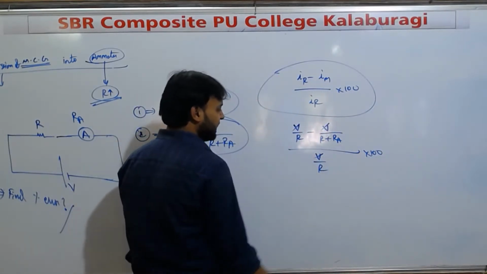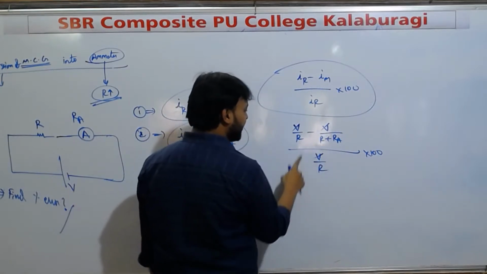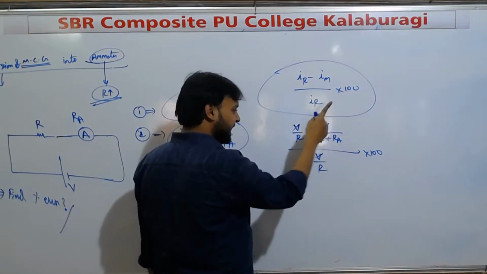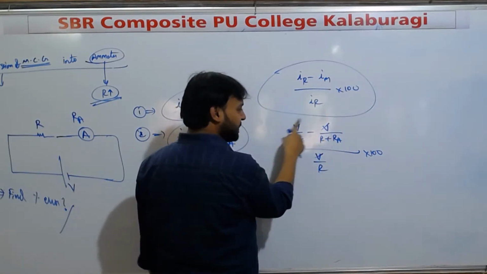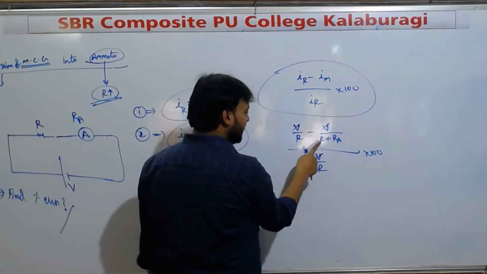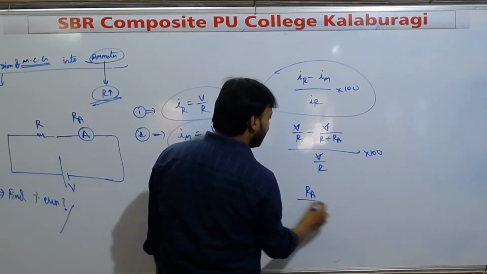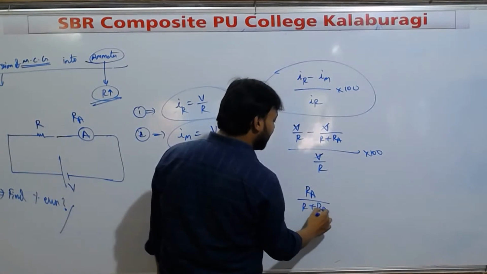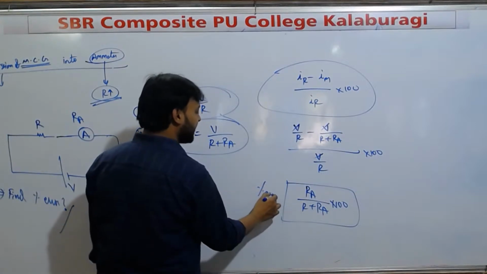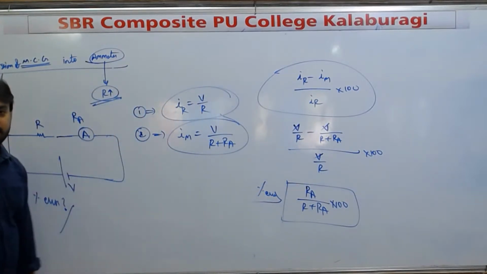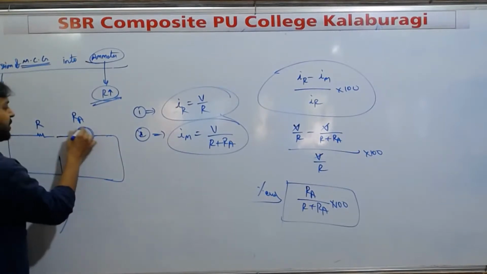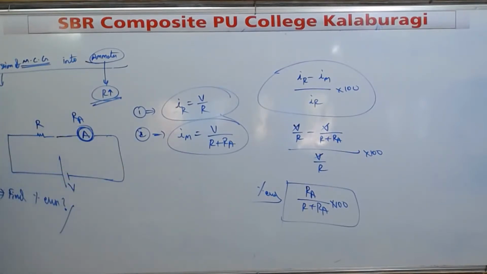Take the LCM, R into R plus RA. R will go to the numerator, one R will be cancelled, and here R plus RA minus R. So it will be RA divided by R plus RA, into 100. This is the percentage error. Try to understand. If they ask about errors, this is the way we can calculate.